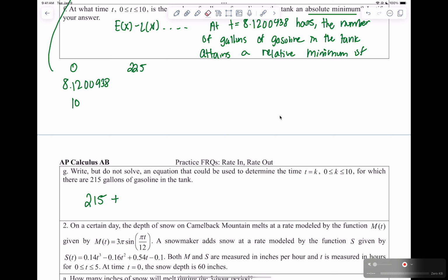There are initially 225 at time 0, plus the integral from 0 to k, since time t is equal to k. And then we have E of t minus L of t dt. You're not solving it, you're just setting it up and then calling it a day. So that's part G.